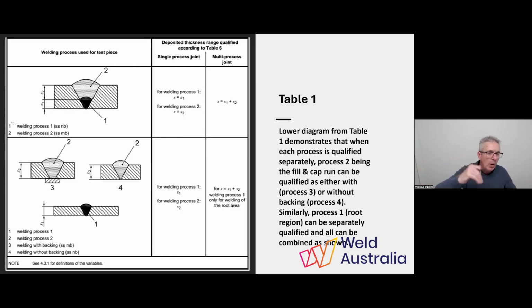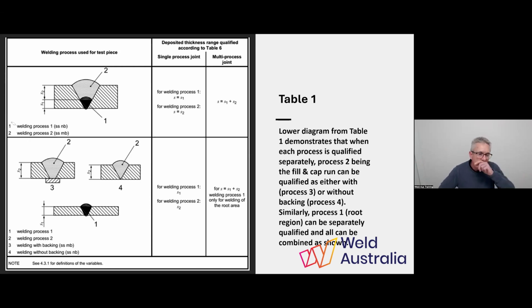But the second one, we've now got material backing, because the material backing comes from the first run. So that changes slightly the range of qualification now, because it's got material backing, and then there's a table to verify that. So it says there, fill and cap can be qualified as either a process 3 or without backing. Process 4 similar. Process 1 root run can separately be qualified, and all can be combined as shown.